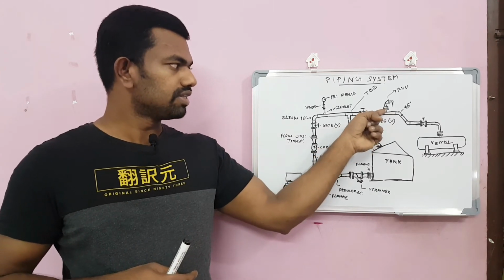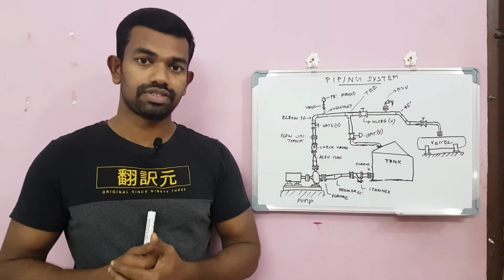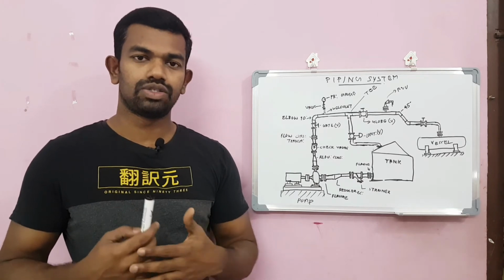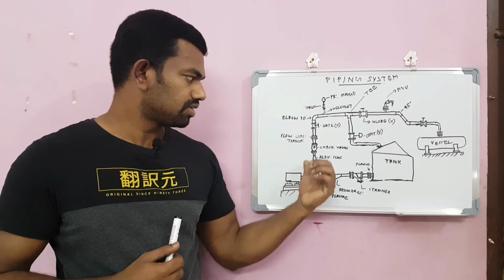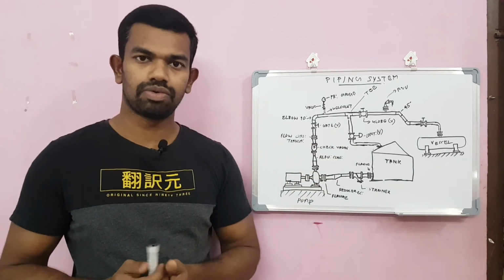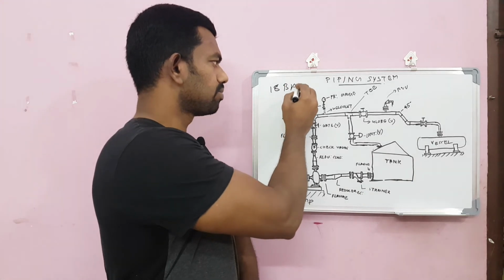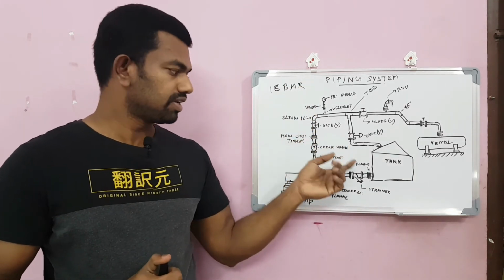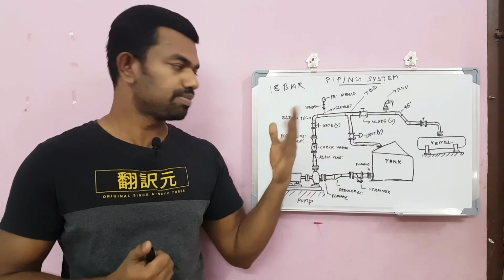And here there is a PSV, called a pressure safety valve, and the purpose of this PSV is to protect this line from overpressure. For example, this pump is usually supposed to work at 18 bar, but sometimes if the pressure increases and reaches 19 bar, there is a chance of damaging this instrument or other items.